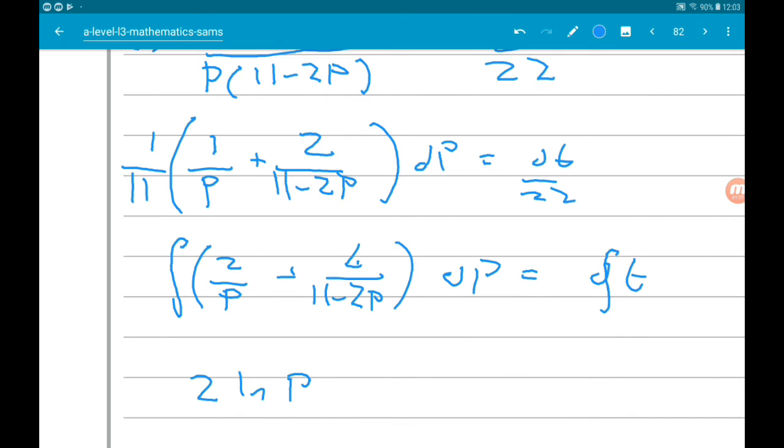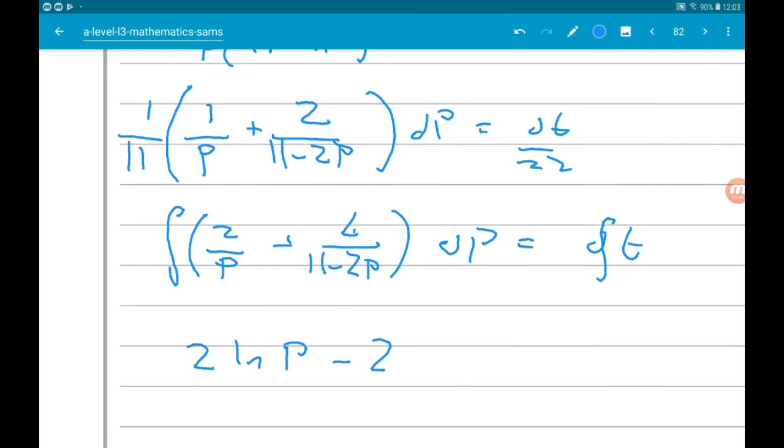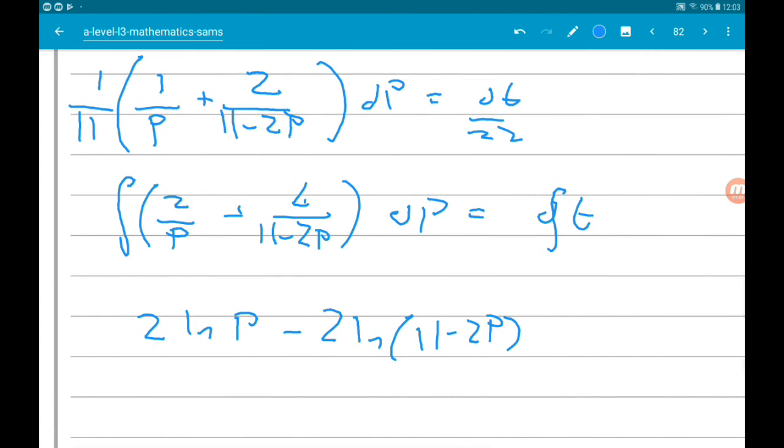So we have 4 times minus a half that log, so we have minus 2 log of 11 minus 2p, and then when we integrate on the right, we just get t and c.